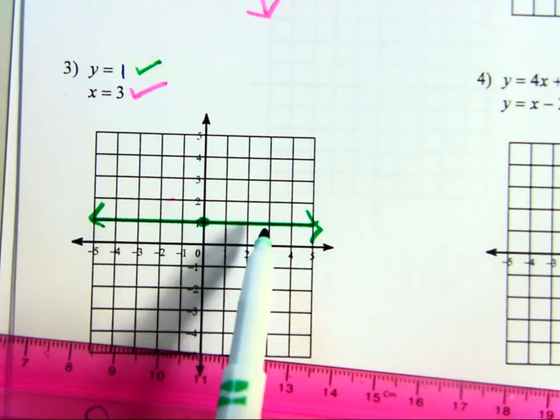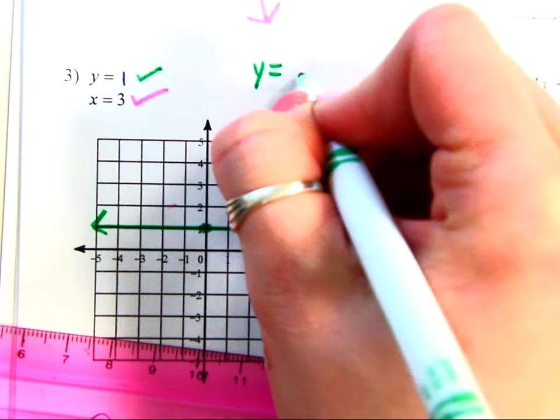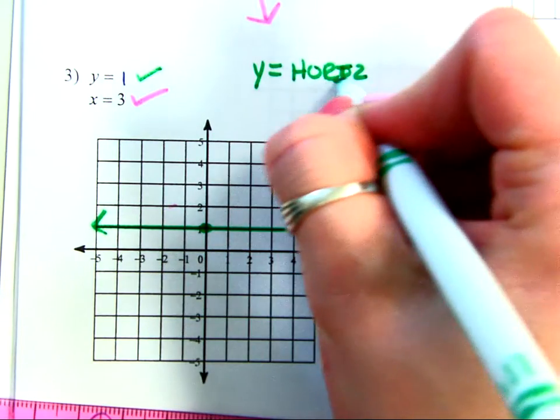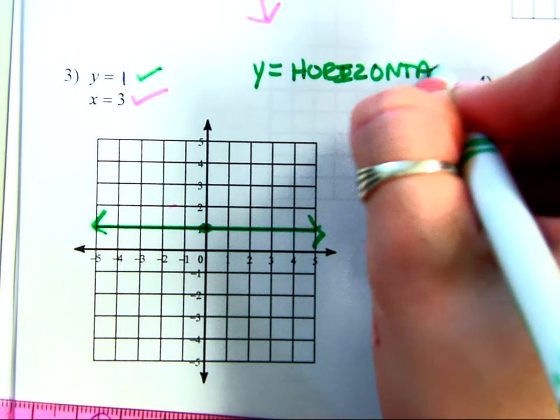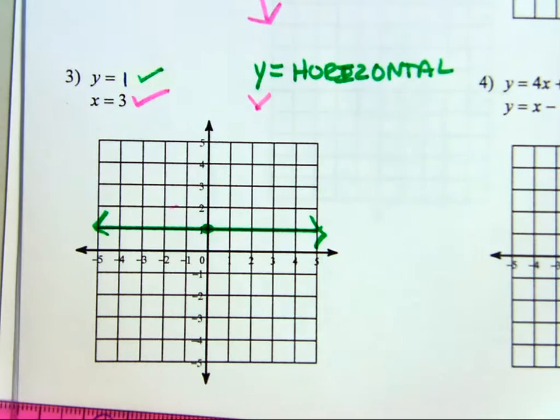3, 1, 5, 1. So let's make ourselves a little note here. Your y equals are going to be the horizontal. And here's a really easy way to remember your x. That looks like a V, doesn't it?